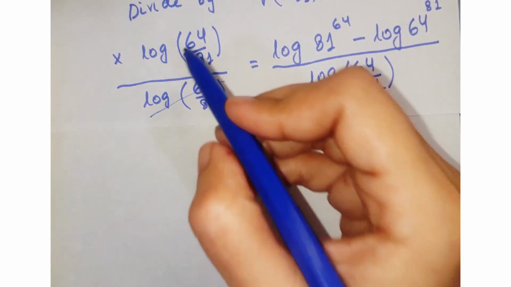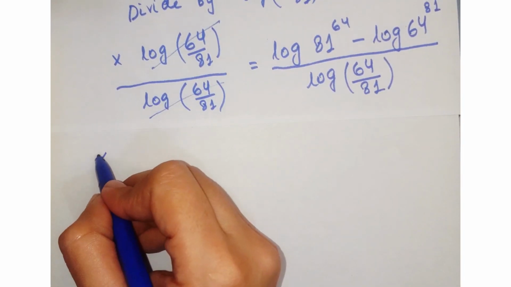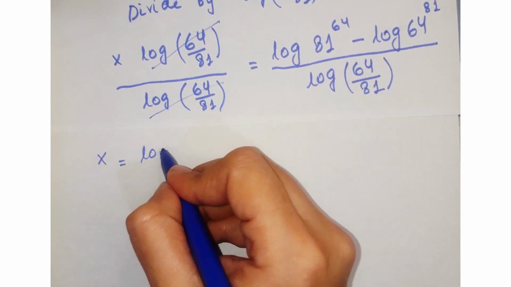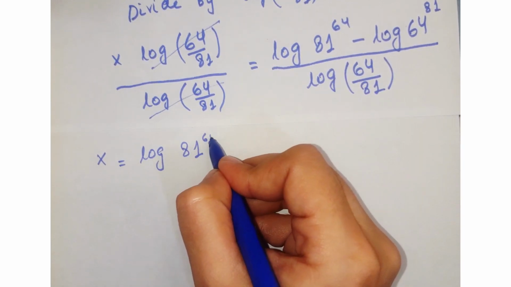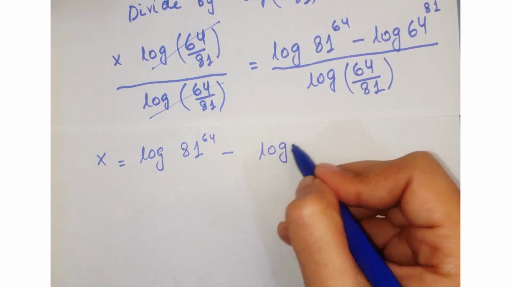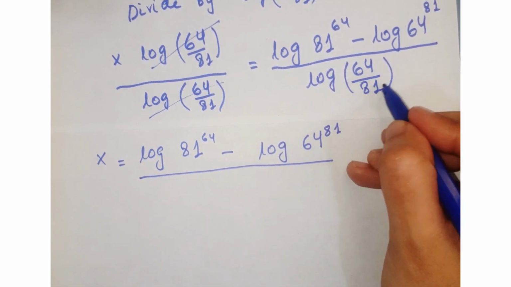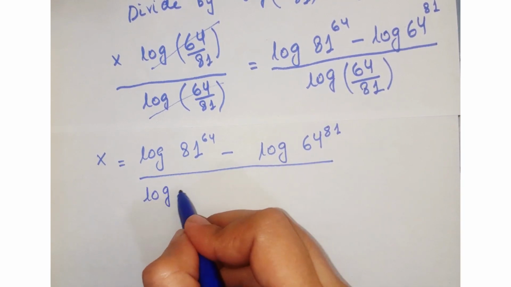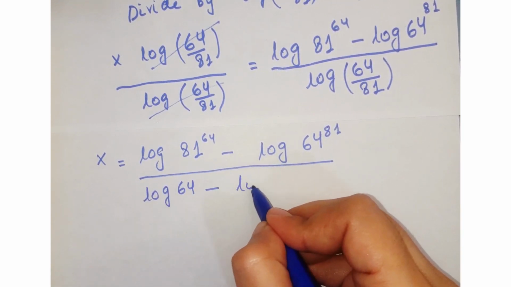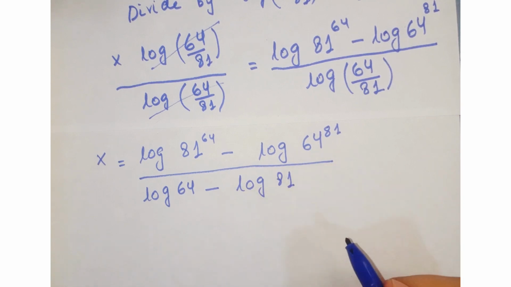Now this term and this term get cancelled, and you get here x is equal to log of 81 to the power 64 minus log of 64 to the power 81 upon, again write this as log of 64 minus log of 81.